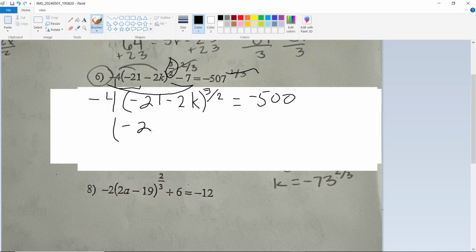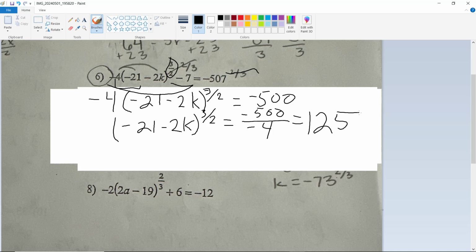So I get negative 21 minus 2k to the 3/2 power equals negative 500 divided by negative 4 equals 125. Negative divided by negative is a positive.